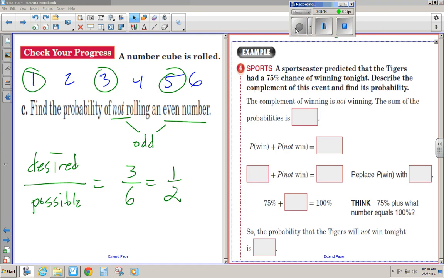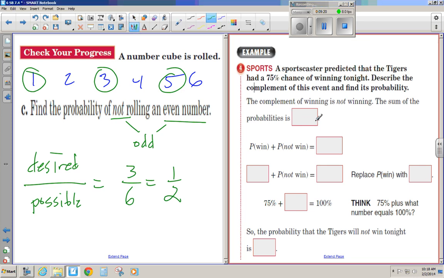Now, in example 4, a sportscaster predicts that the Tigers have a 75% chance of winning tonight. Describe the complement of this event and find its probability. So the complement of winning is not winning, and the sum of the probabilities is 1. So the probability of win plus the probability of not win is 1.